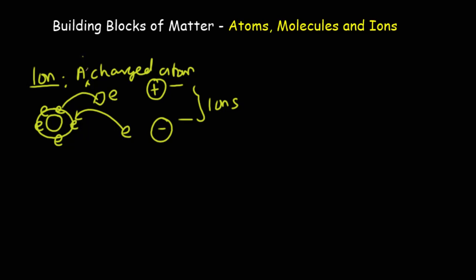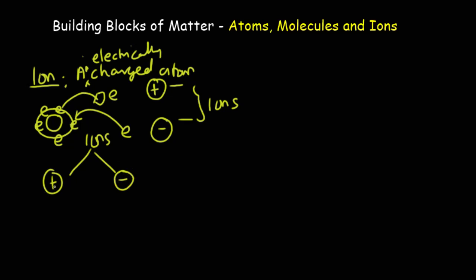And we've seen from here that the charge can be positive or negative. And so because of that, we have two types of ions. We have positively charged ions and negatively charged ions.